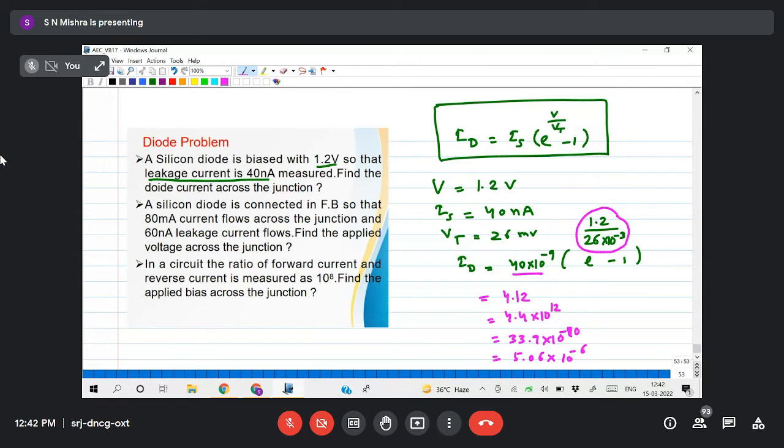Any other answer? You have told me the number, but you have not told me the unit, whether it is ampere, milliampere, microampere, nanoampere. Sir, 4.12 nano. Nanoampere.